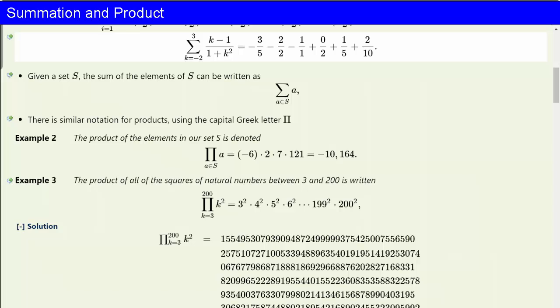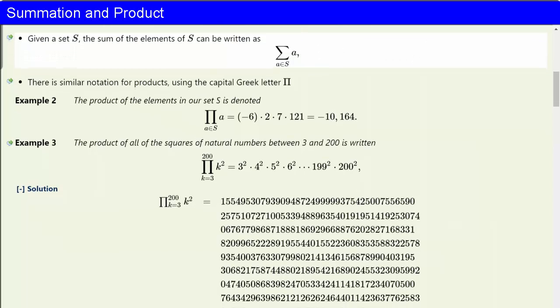The next term would be with k equal to 0, where you get -1 over 1. And the next term would be k equal to 1, where you get 0 over 2. And you end up finally with k equal 3, where you calculate the ratio as 2 over 10. So, it makes perfectly good sense.